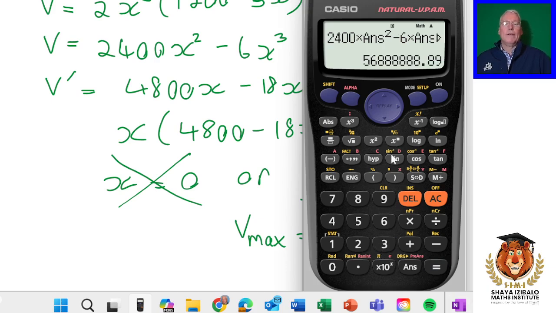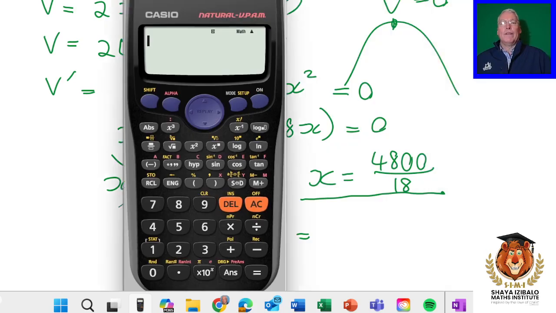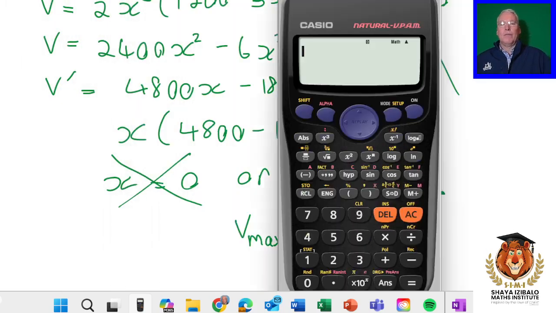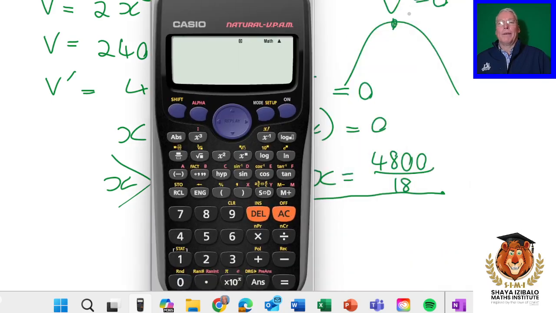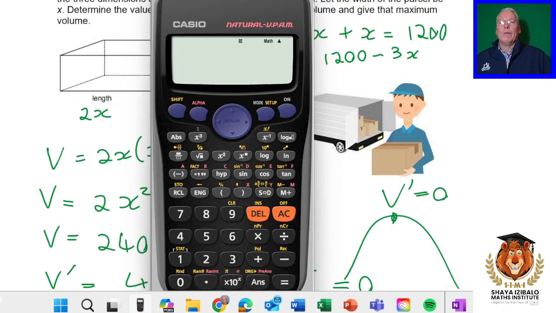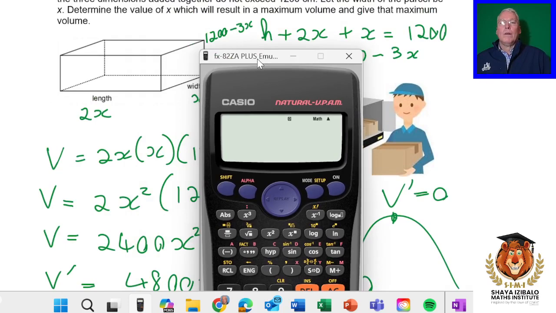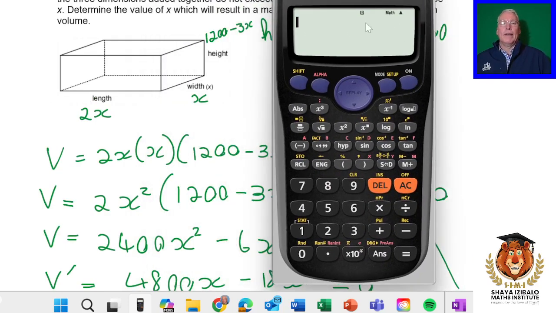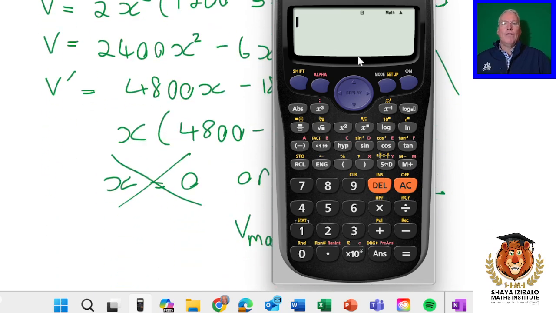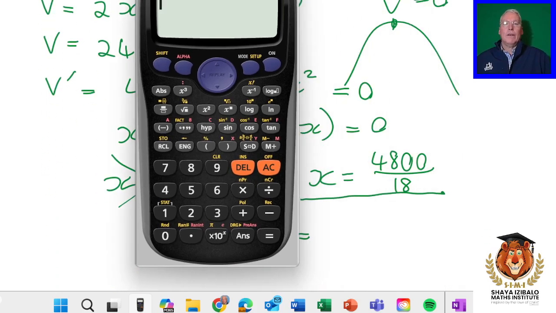And we get, we have a vast number here. That will be in centimeters cubed or something. I'm just looking, this was 1200 centimeters. Okay, so our value for x is 4800 over 18.